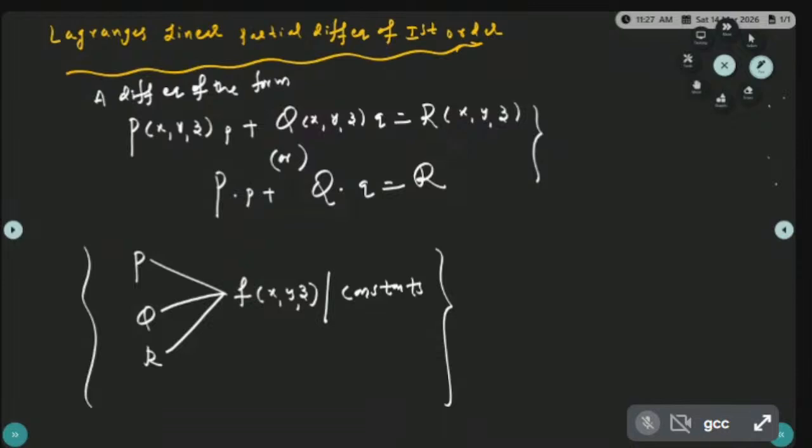You are observing some capital letters. What are those? P, Q, R. They are either functions of x, y, z, or constants.